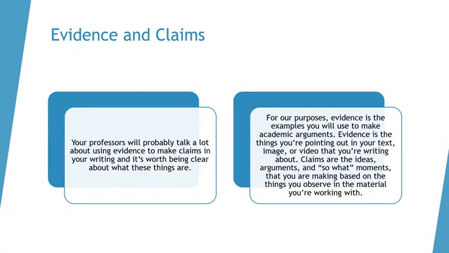So evidence are the things in the text that you're observing, and claims are the ideas, the arguments, and the so what moments that you're going to make based on that evidence that you observe in the material that you're working with. Okay, so we've got evidence in the text, and we're going to make claims about it, ideas, arguments in our writing.